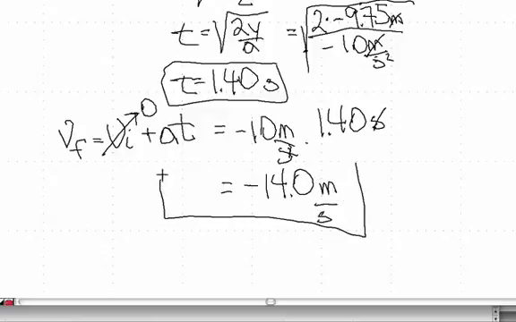And once again, it's minus because it's falling down, it's going in the negative direction. Okay, so hopefully that helps you out. Those two are the most common types of problems I think you'll come in contact with when it's an object just falling down. All right, thank you.